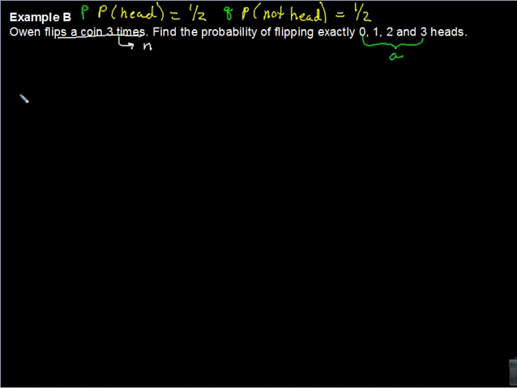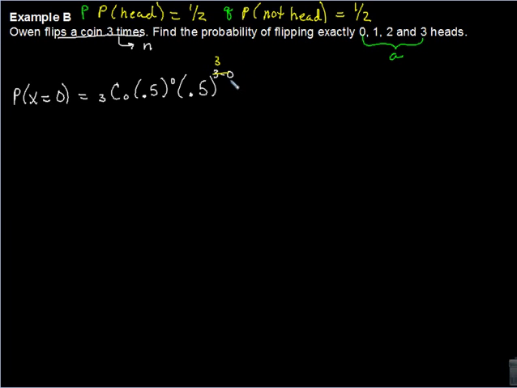So our probability when x equals 0 is 3C0 times 0.5 to the 0 times 0.5 to the 3 minus 0, which is just 3.